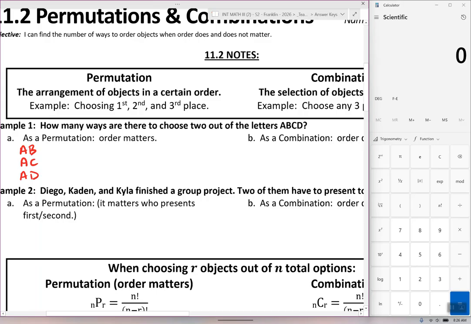Then we do that for each letter. BA, BC, BD, CA, CB, CD, and DA, DB, DC. So there are 12 ways to choose 2 letters out of the letters A, B, C, D when order matters.